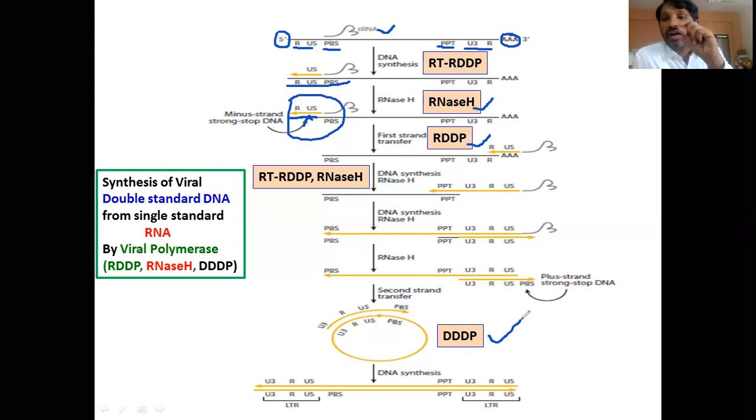Then RNase H activity is required, which degrades the RNA in the RNA-DNA hybrid. The third is DNA-dependent DNA polymerase for the second strand DNA synthesis. With these three activities, the viral genome that is RNA in nature is converted into double-strand DNA.